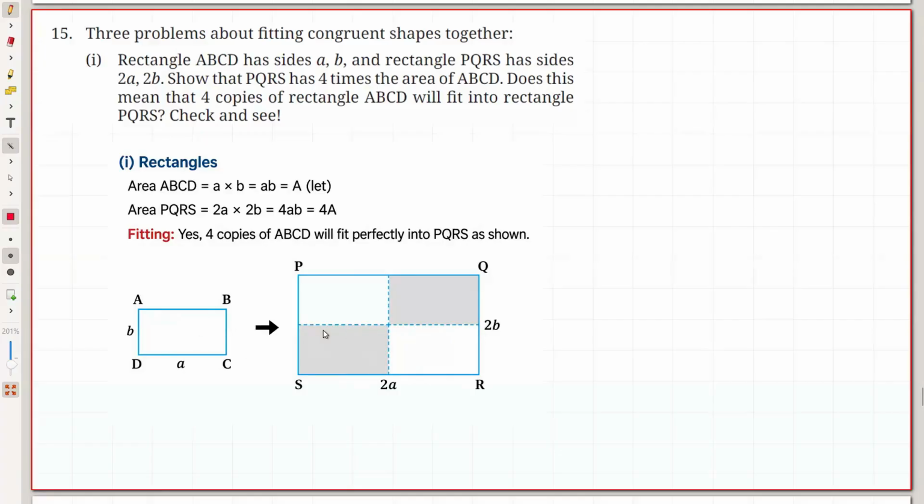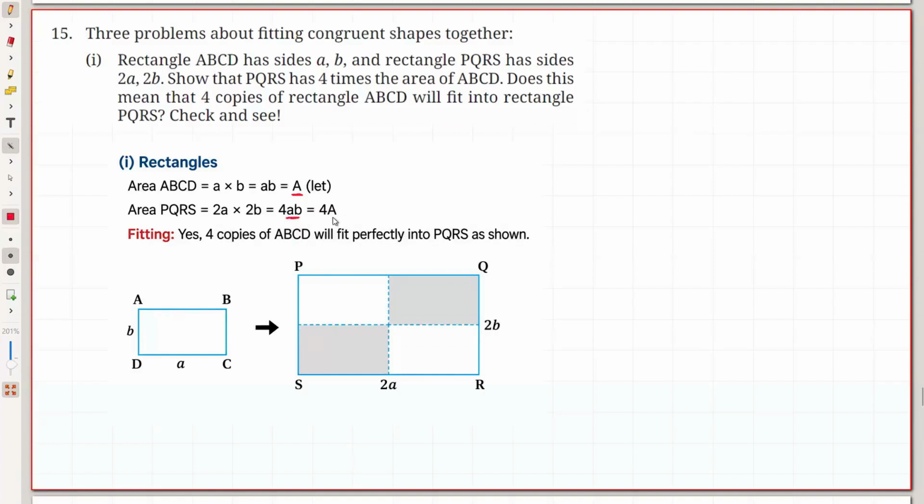Now we have to check whether 4 rectangles can fit into the big rectangle PQRS. The area of rectangle ABCD is length into breadth, A into B, so I'm just taking the whole area as A. Next, for rectangle PQRS, the area is 2A into 2B, which is 4AB.